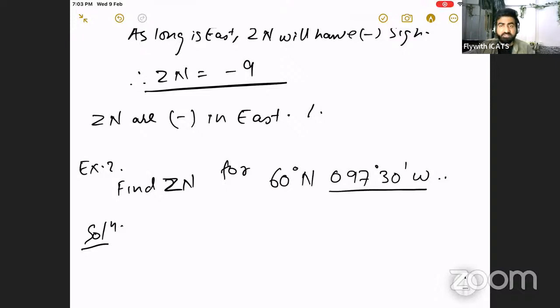Obviously, it is in the Western Hemisphere, it will have plus sign. And the actual is 7. Plus 7 is your zone number, students. Whoever's got plus 7, your answer is correct. Shraddha, check your answer.